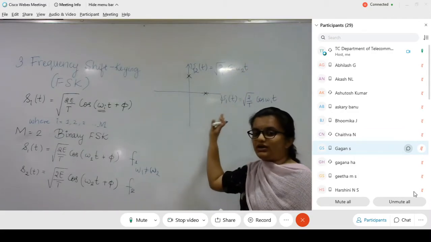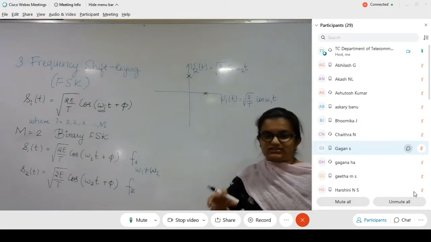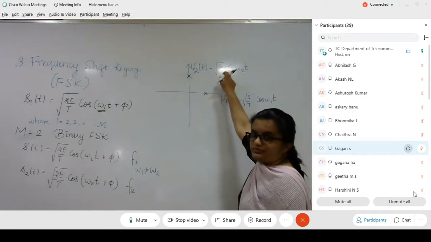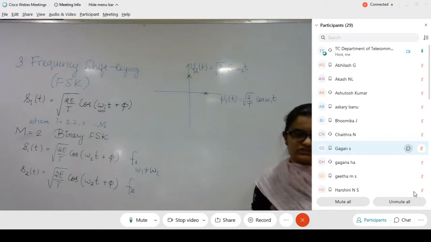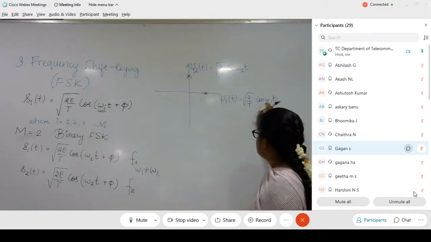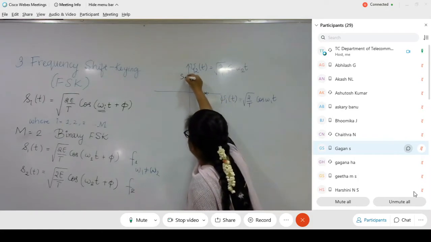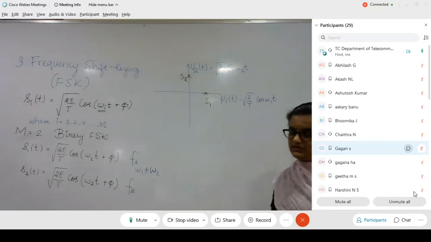We had sine omega naught t, that is in quadrature with your carrier. But this particular factor cos omega 2t is an entirely different basis function altogether, with the frequencies omega 1 and omega 2. Therefore the symbols are S2 along xi2 and S1 along xi1.